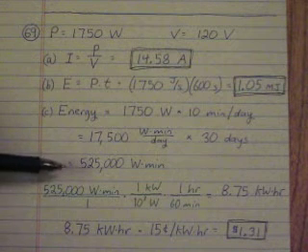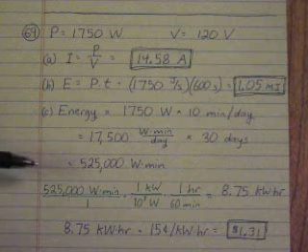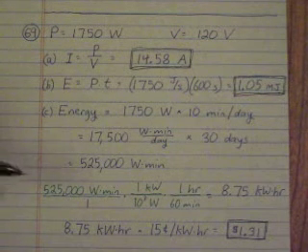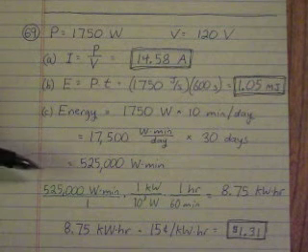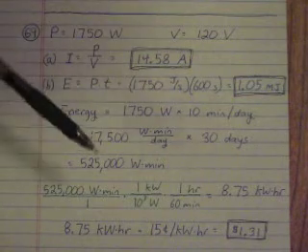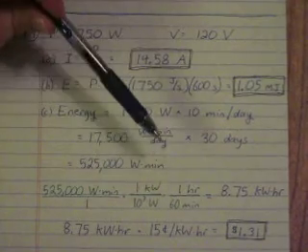525,000 watt minutes. Now we want to convert this to the way the power company charges for energy, kilowatt hours. So we need to convert the watts into kilowatts and the minutes into hours. So we do our unit conversion, what I've done here in the green ink. To get rid of watts, we have 1 kilowatt over 1,000 watts.